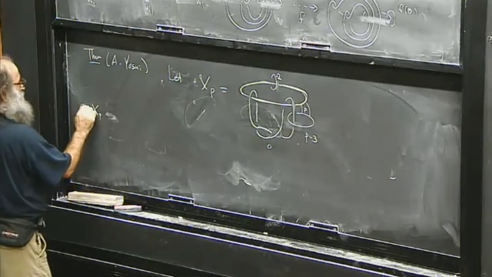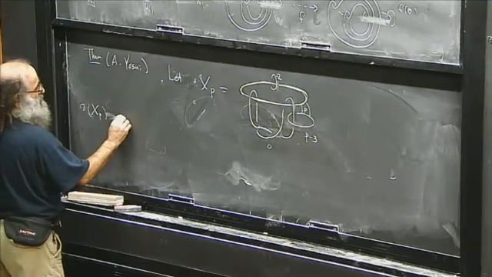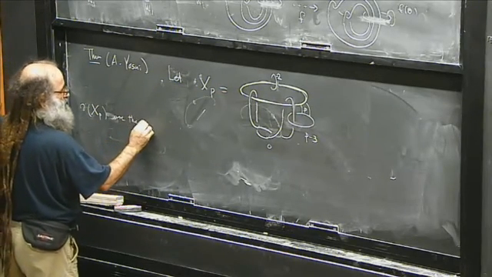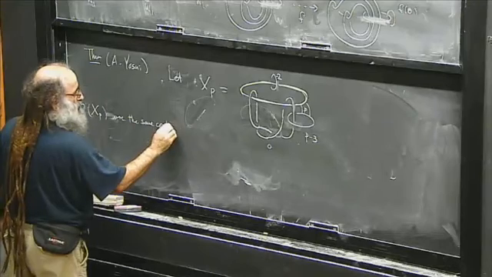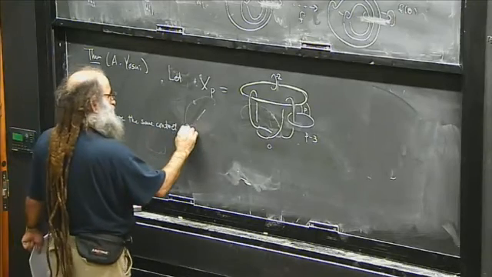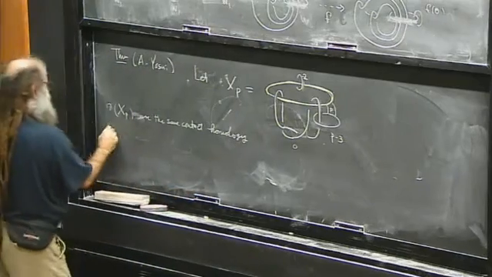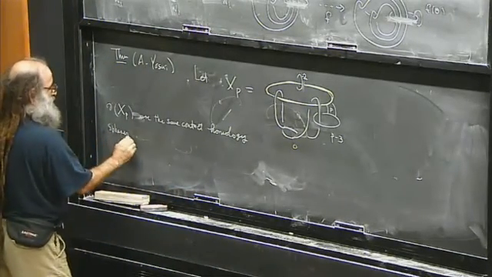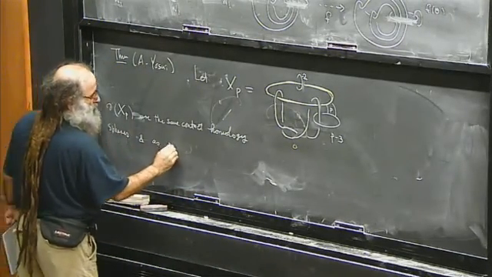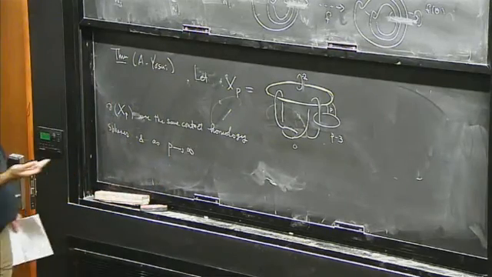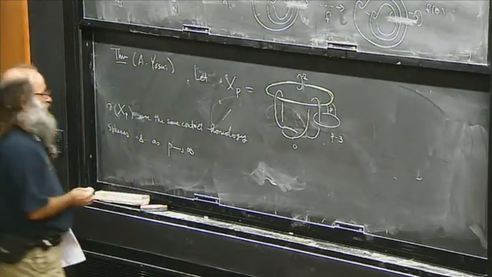The boundaries of the X_P are the same contact homology spheres. As P goes to infinity, they are the same thing on the boundary, the same contact homology spheres.